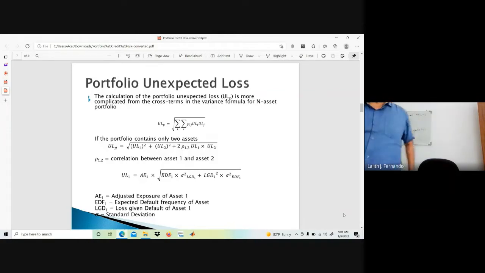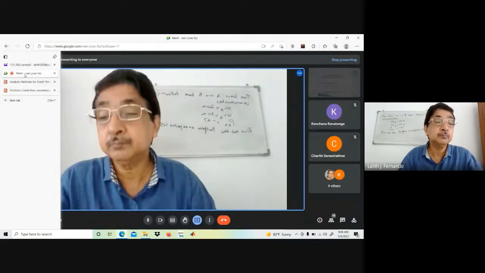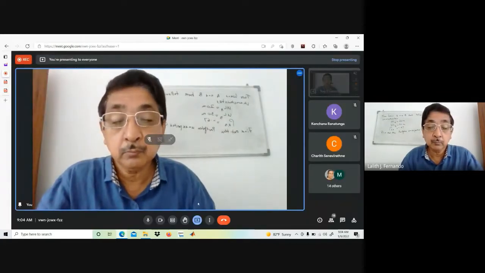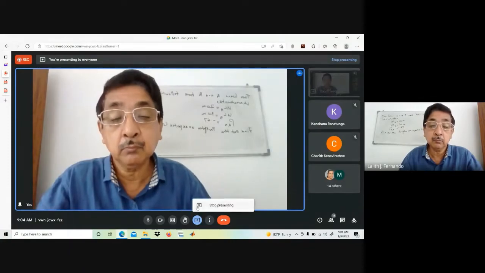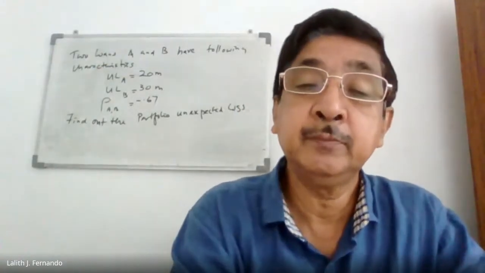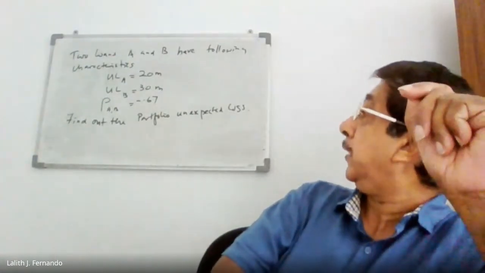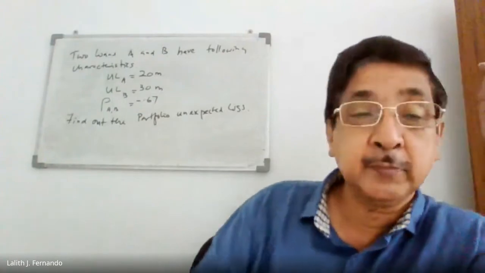Here is a small example, because you can make use of this formula to calculate that. I will just show you. Now look at the board. Loans A and B have the following characteristics.